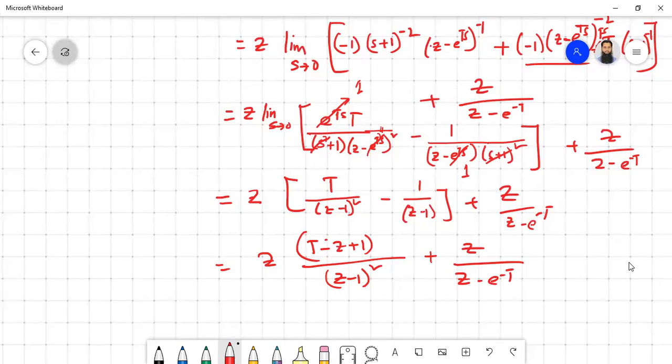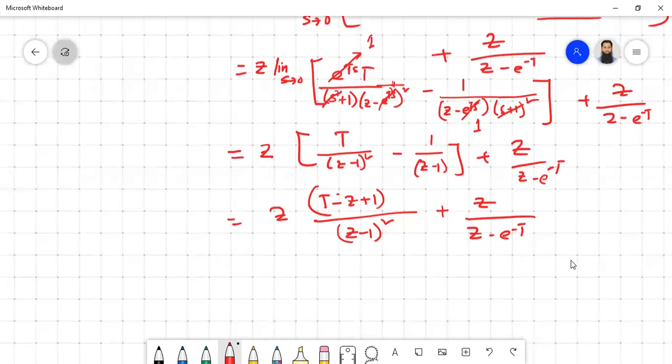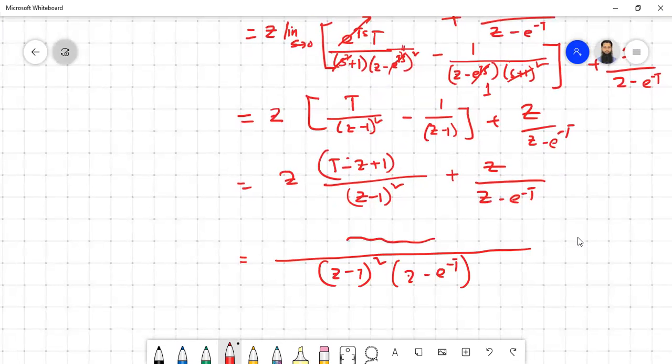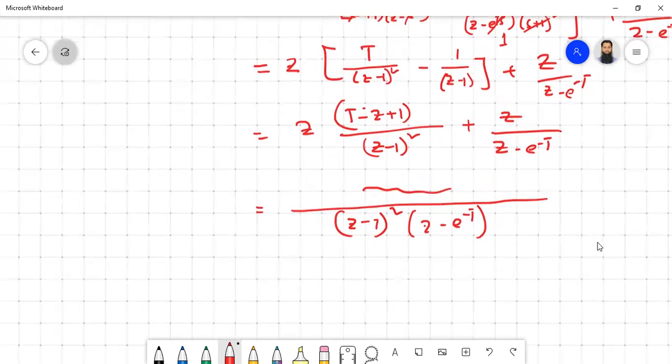Okay, so you can now do a bit of simplification again. Z minus 1 whole square, z minus e to the minus t, and do the calculation. I'm leaving it for you. Because it's just simple calculation, I'm just writing the final equation. That is 1 minus z to the power minus 1.